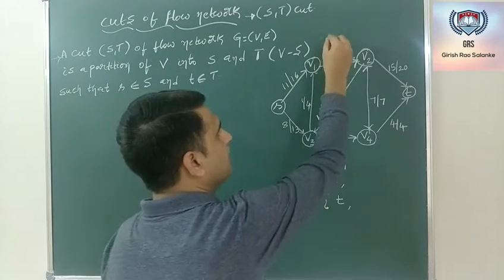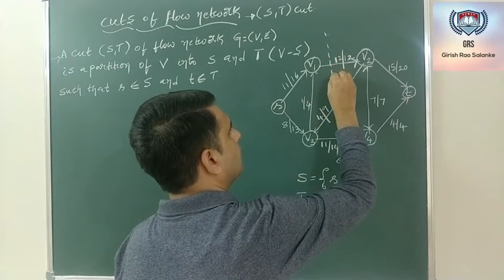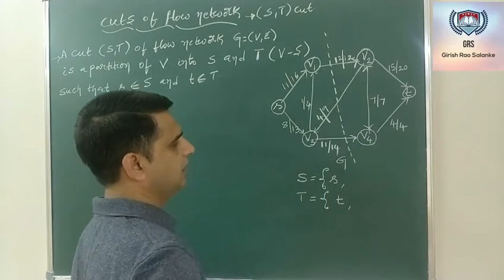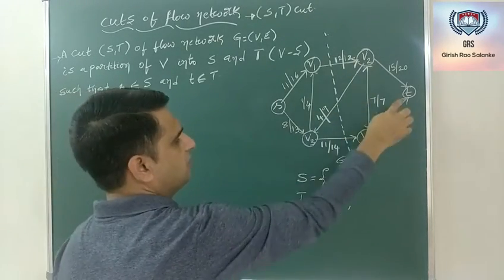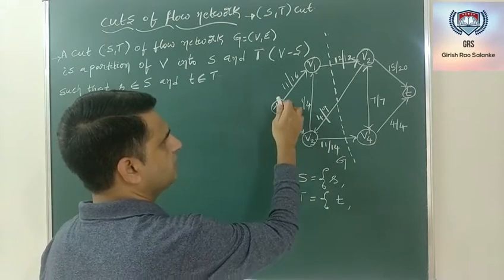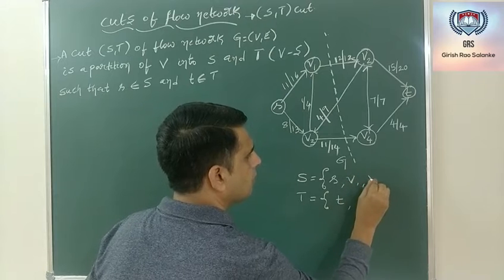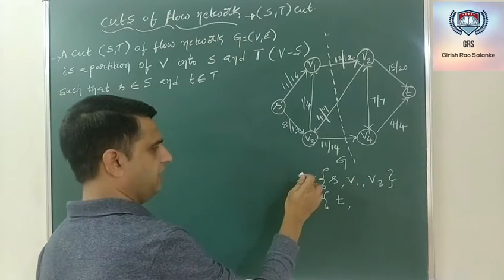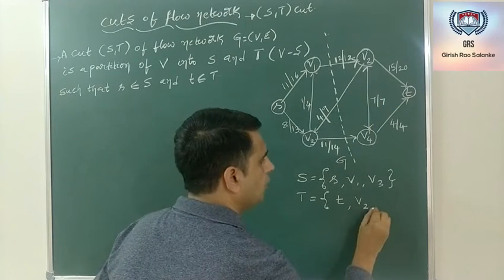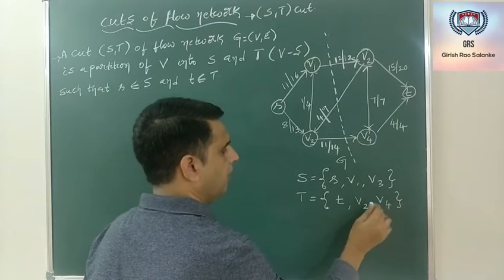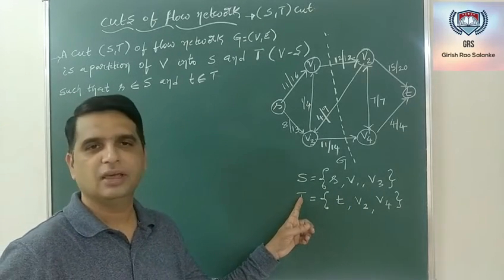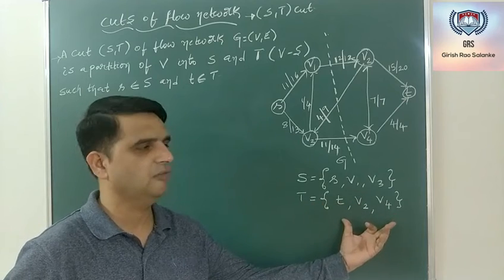Now let me draw a cut. I'll denote this dotted line as the cut. If you see, all the vertices of this graph G are divided into two parts. The first part having S, V1, V3 belongs to the subset S, and V2 and V4 along with the sink T belong to the second subset denoted with capital T.